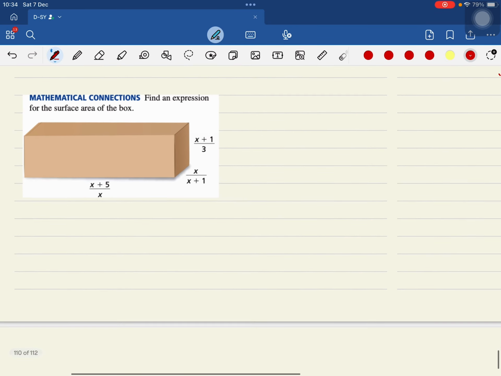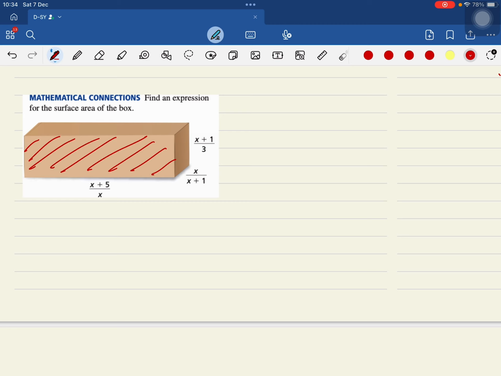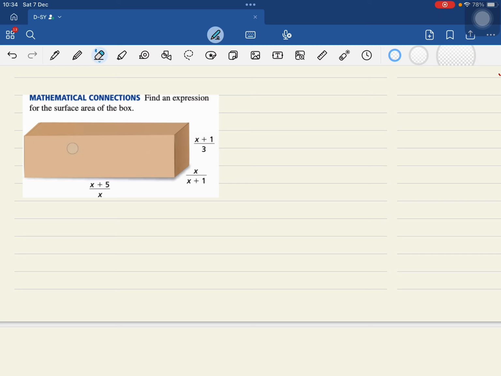And the expression for the surface area of the box. Oh, surface area. Surface area is each face. This face we have 2, here and the opposite. This face also 2, the upper part and the bottom part. And this one also 2, on the right side and on the left side. So each of the faces comes in 2.